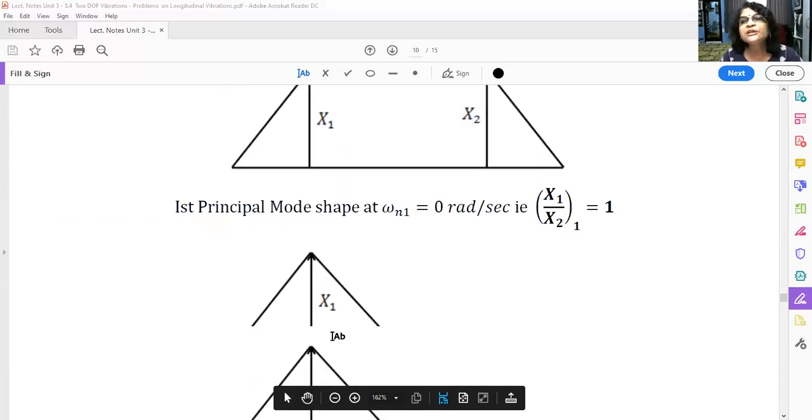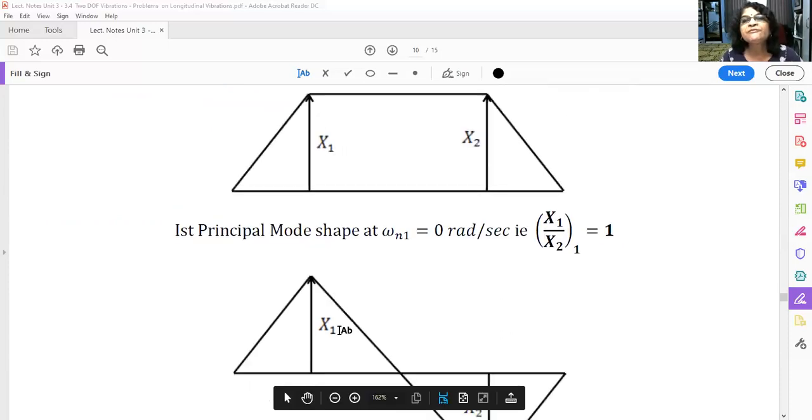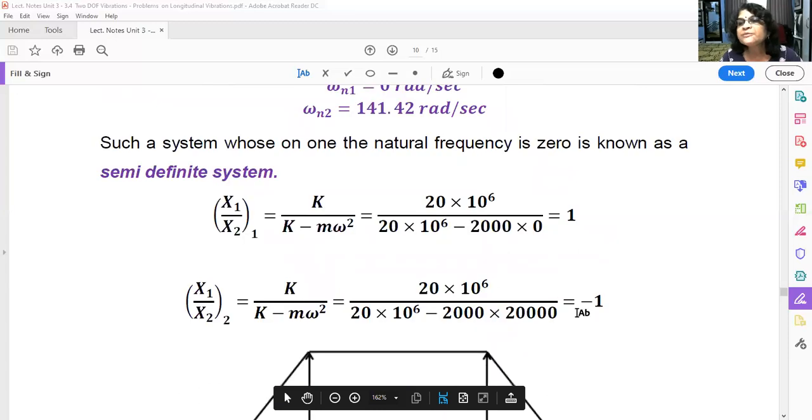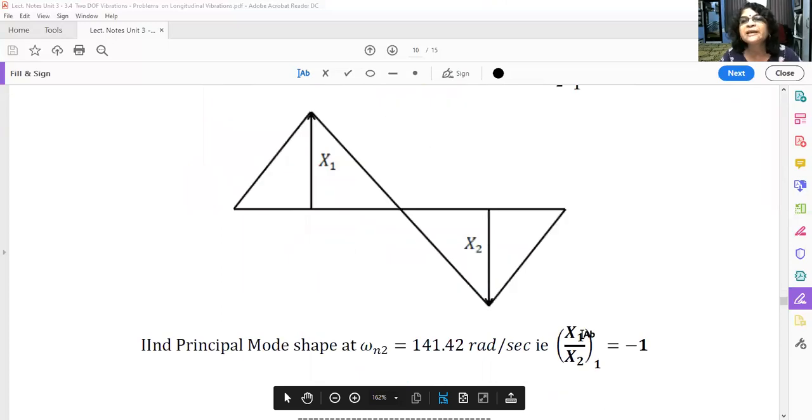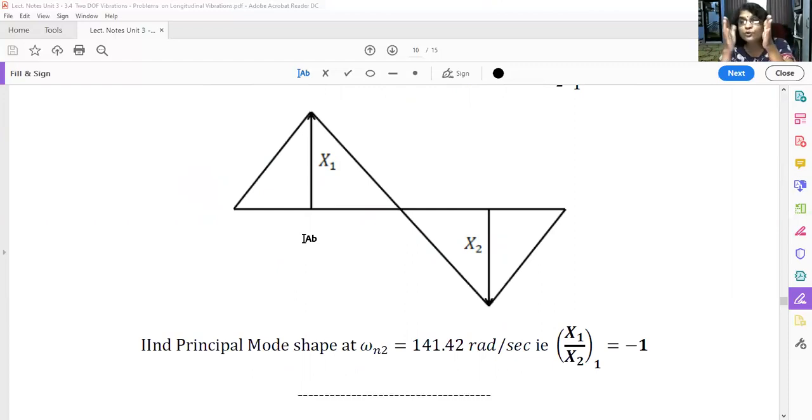Now, second mode shape, what is the value we are getting for the second mode shape? It is -1. What is the meaning of -1? See, your amplitude plot is like this. Mode shape is like this. If m1 mass is moving towards left, simultaneously m2 mass is moving towards right. So two railway coaches are there, no? So how will they vibrate?